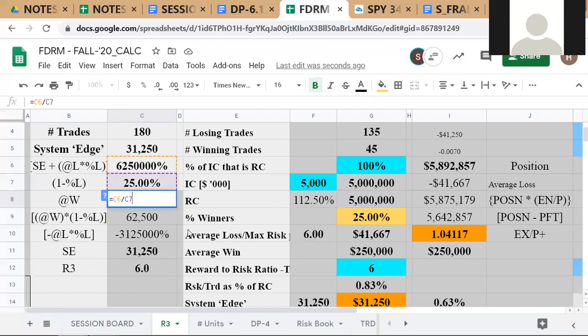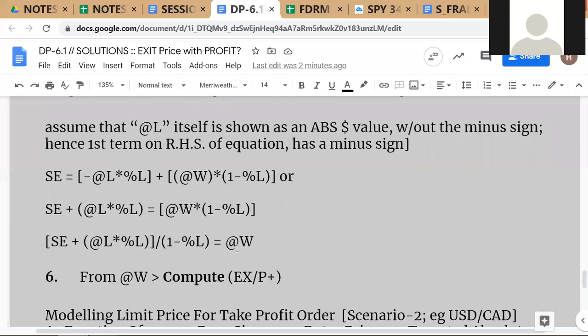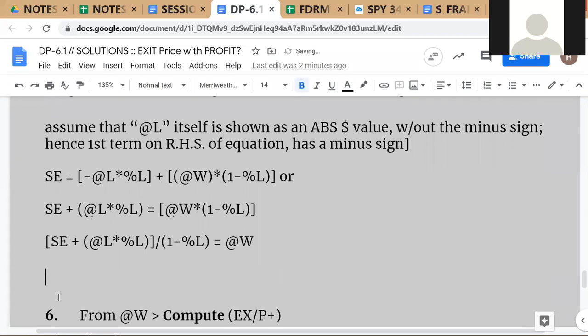It is nothing but numerator by denominator, and this comes out of this equation. I think up until here, we covered the other day. This comes just from this table, from this expression. From the system edge, you can just express average win as a function of system edge, average loss, and percentage losers. So you can see once again in this situation, learn the language. I'll put it here.